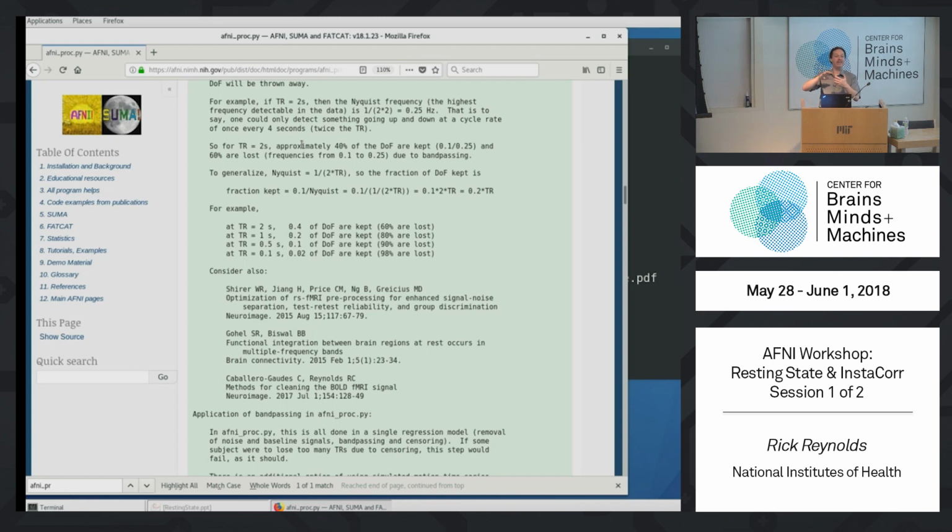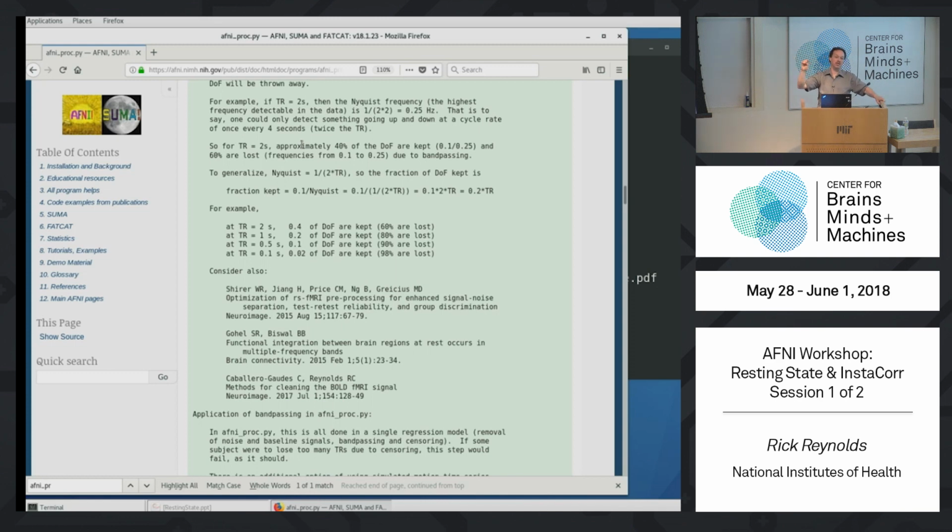So we're throwing away the fast stuff because we think it's not BOLD. So keep 0 to 0.1, throw away 0.1 to 0.25. Well, you're throwing away 60% of your frequencies. That's the easiest way to put it. When you do a 3dBandpass or some magical step in another software package, oh, I bandpassed.